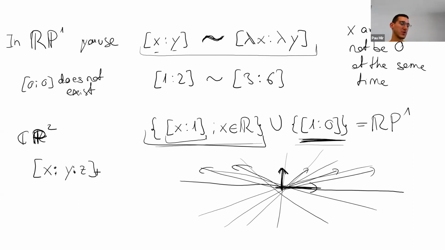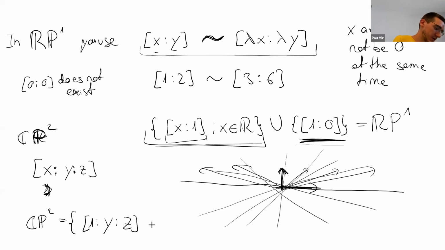And you can also take this convention that you fix one coordinate to be a 1. But if you fix one coordinate to be a 1, you can write CP2 as the set of these coordinates, 1, x, y, z, for any x and for any y and z in R. But then you also need other directions that are missing here, since it's the same situation.